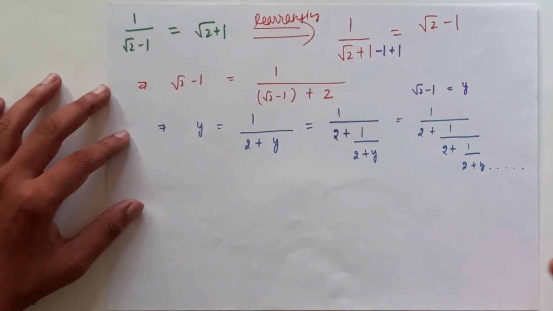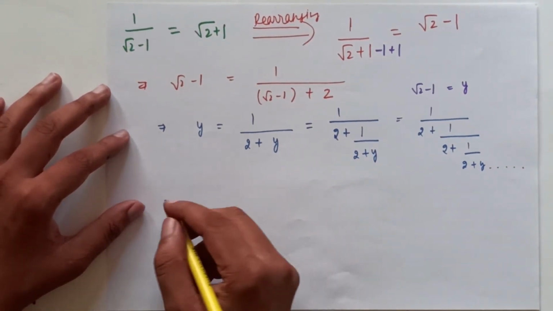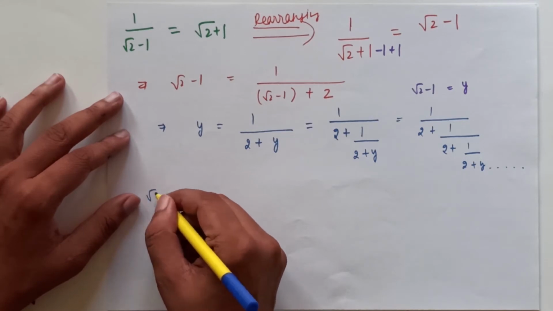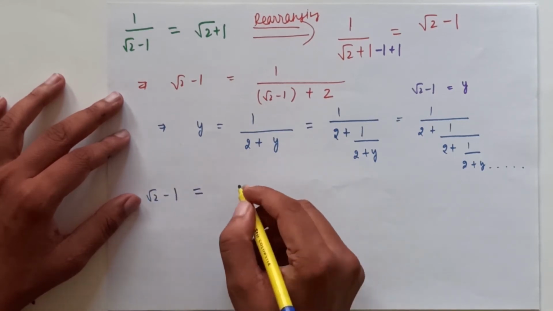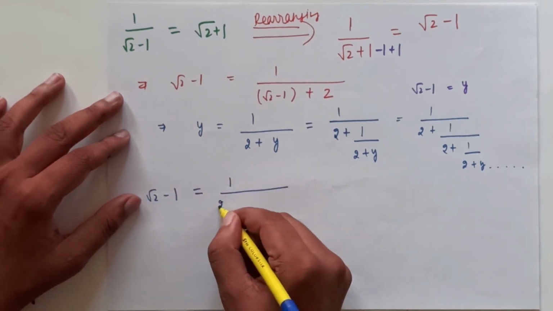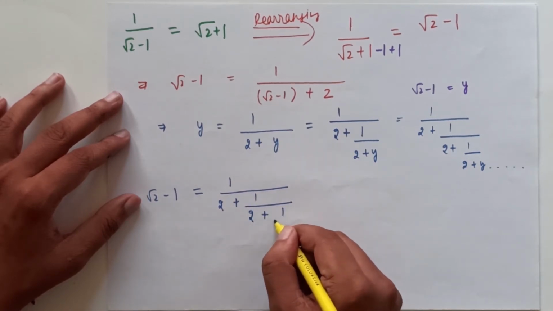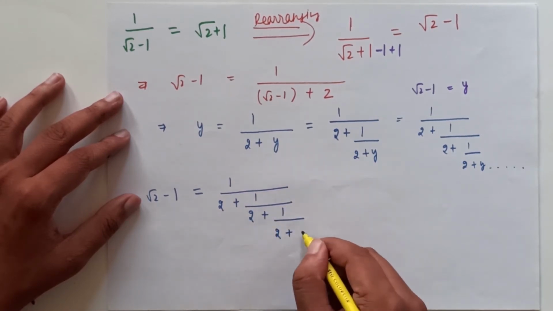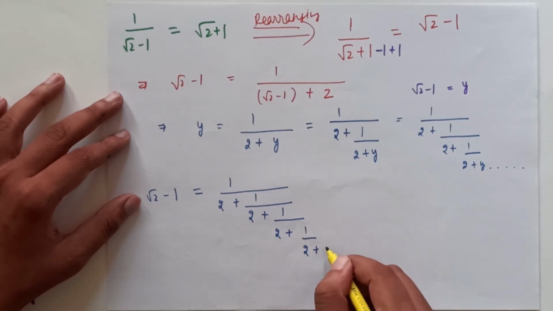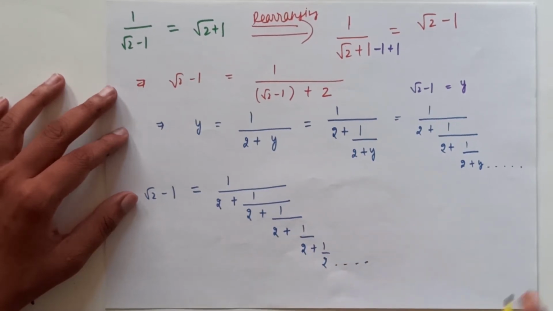Now what we have to do is put back our initial value for y, that is root 2 minus 1. So root 2 minus 1 can be written as 1 over 2 plus 1 over 2 plus 1 over 2 plus 1 over 2 plus 1 over 2 and so on.